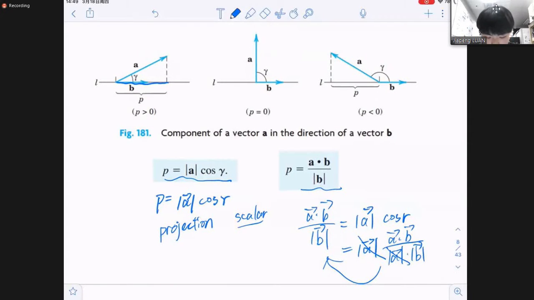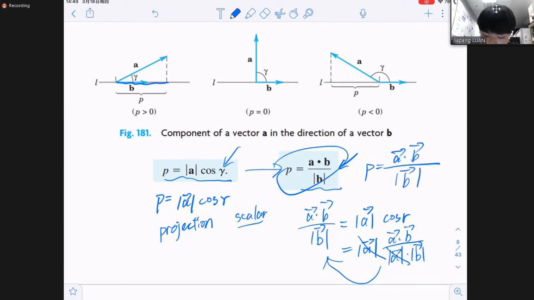Sometimes I think maybe you will use this more. So you just memorize it directly, and you don't have to memorize the derivation. You just memorize this directly. You have P, this is A dot B over B norm.